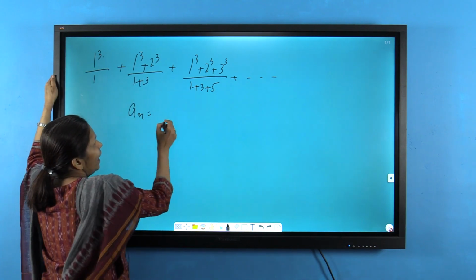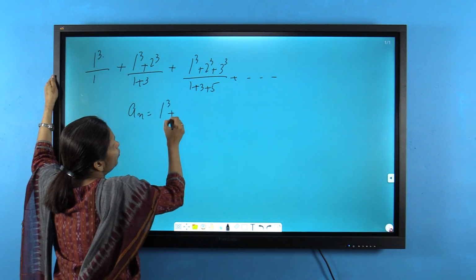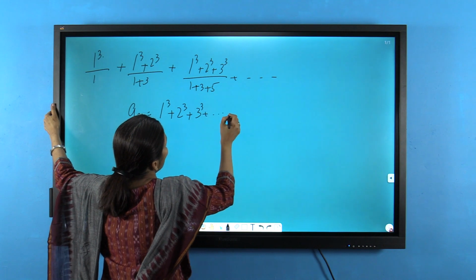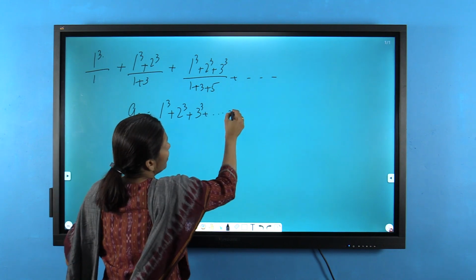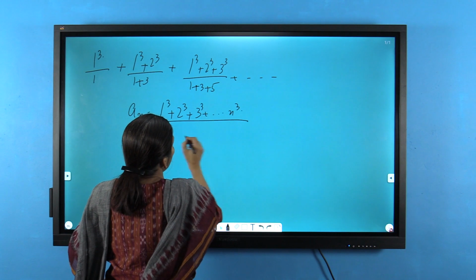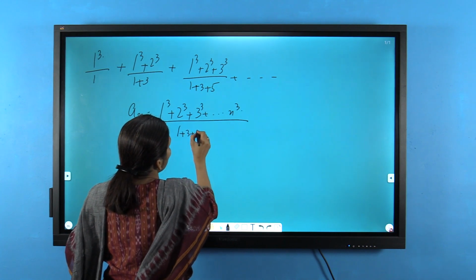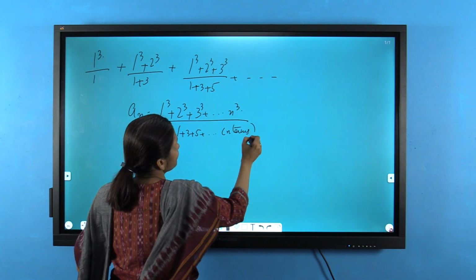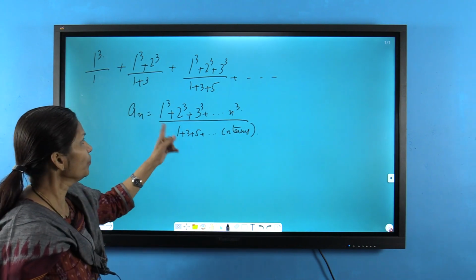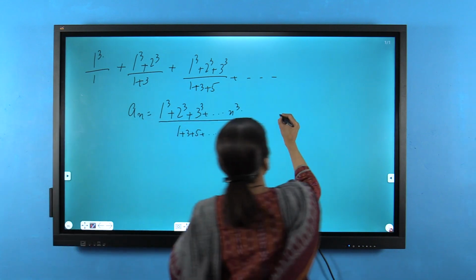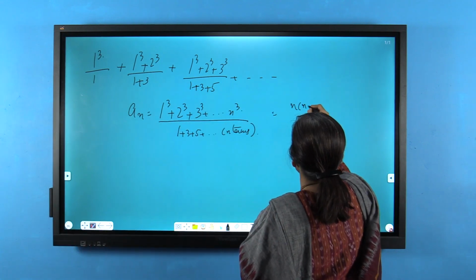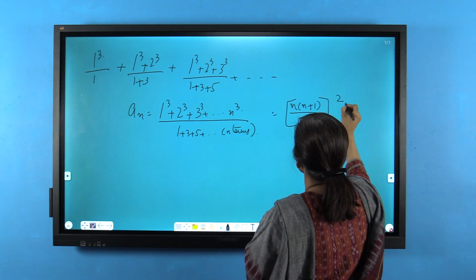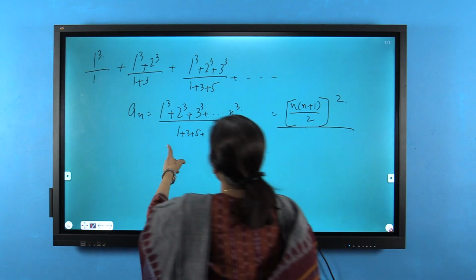It is a n is 1 cube plus 2 cube plus 3 cube plus etc. up to n cubed, divided by 1 plus 3 plus 5 and so on up to n terms. Okay, so what is the numerator? Isn't it n into n plus 1 by 2 the whole squared, divided by the denominator?